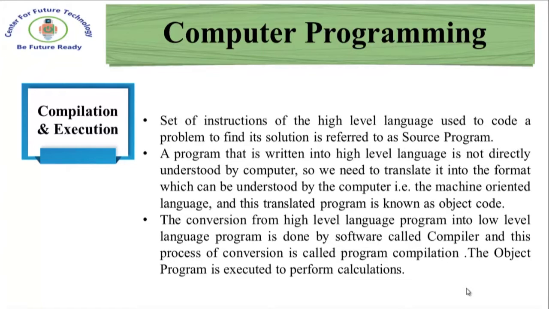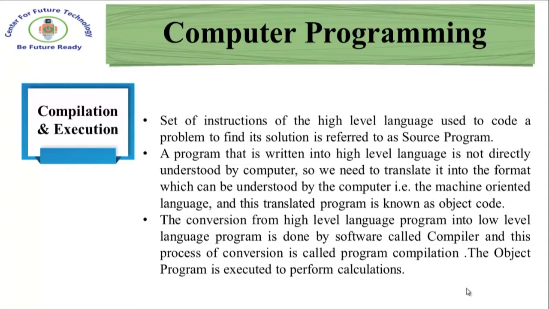So, we need to translate it into the format which can be understood by the computer, that is the machine-oriented language. And this translated program is known as object code. The conversion from high-level language program into low-level language program is done by software called compiler. And this process of conversion is called program compilation.